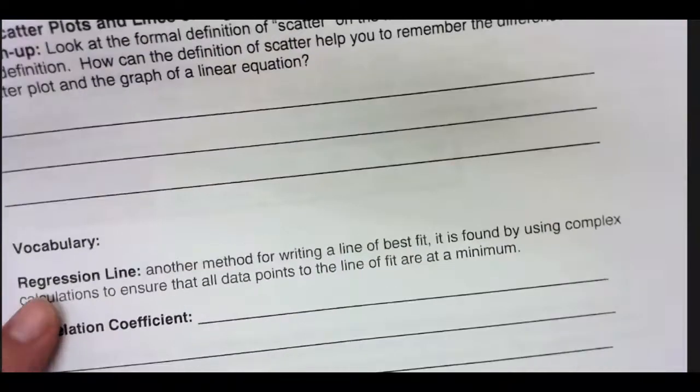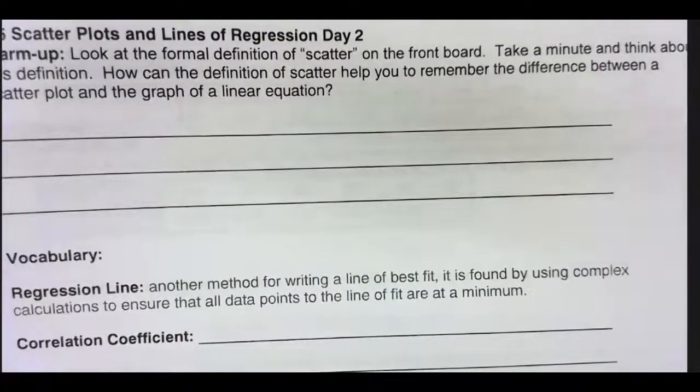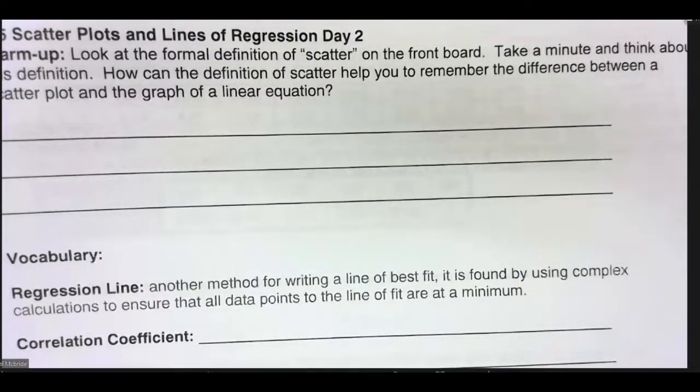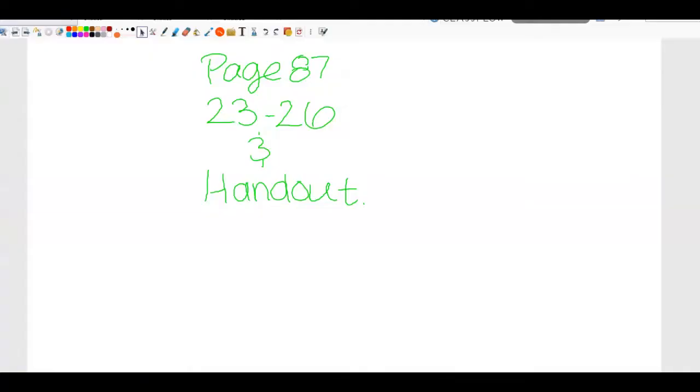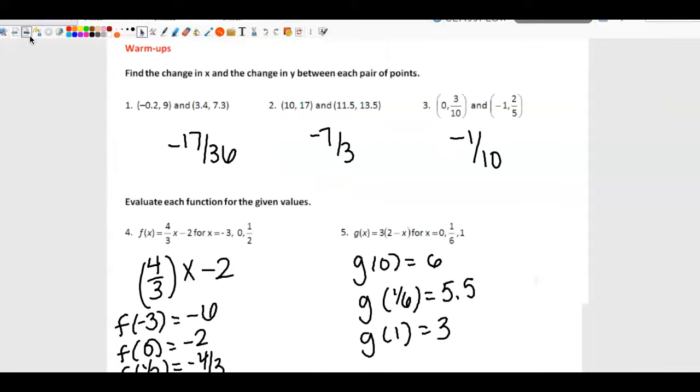As part of the warm-up, it says, look at the formal definition of the word scatter. Take a minute and think about this definition. How can the definition of scatter help you to remember the difference between a scatter plot and a linear equation? So here's my definition of scatter.